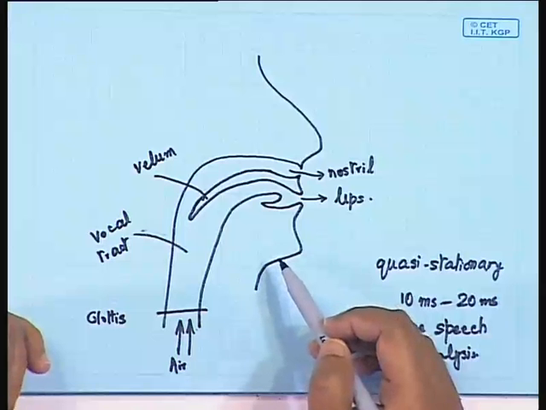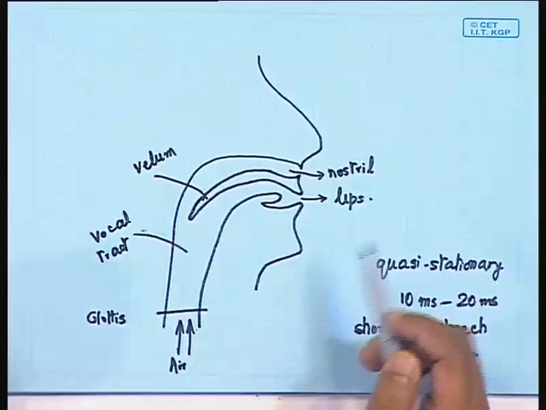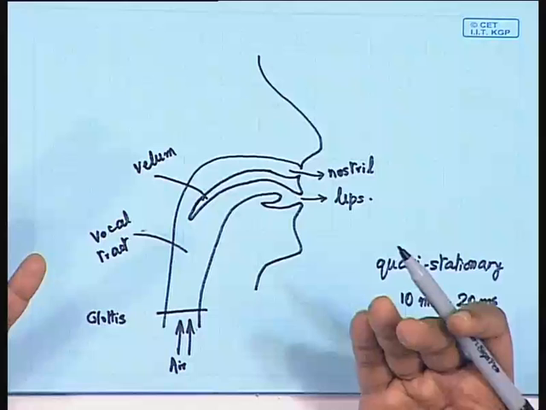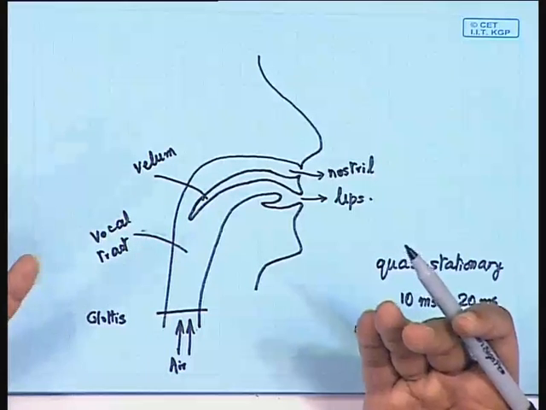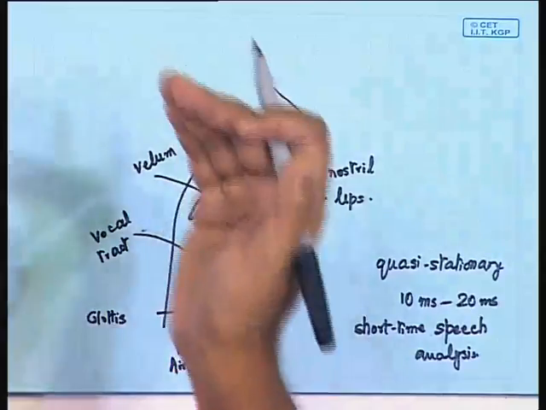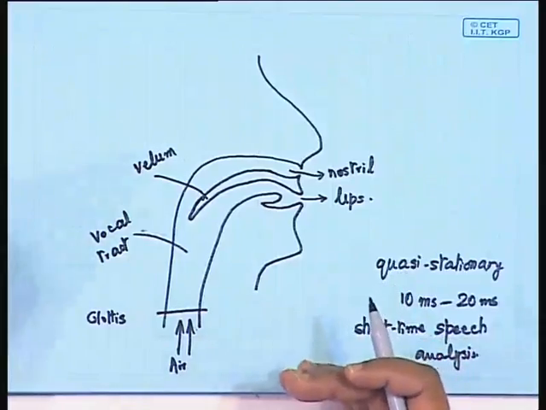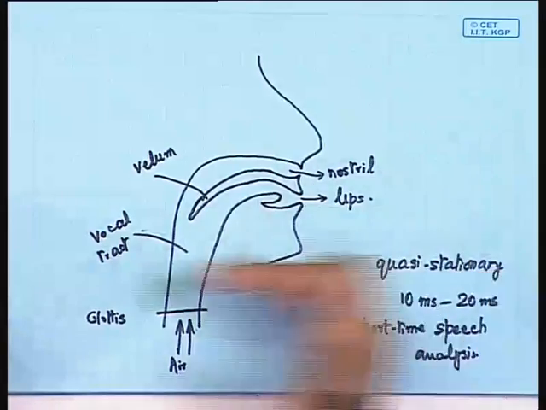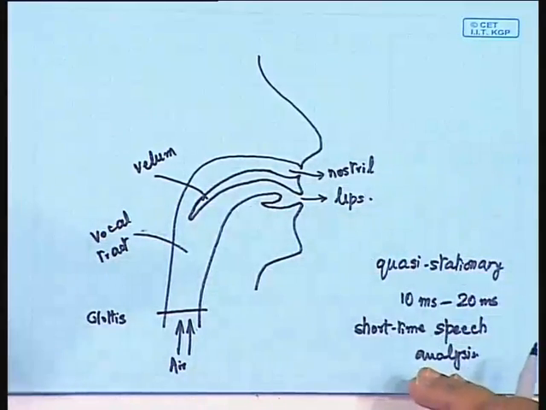And whenever we are uttering something like the voiced sound, there we will be articulating the velum upwards, so that the nostril passage is blocked for a brief moment, and we can produce the sound out of the lips.